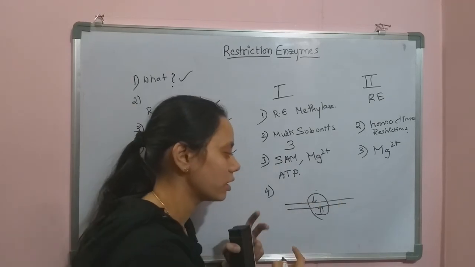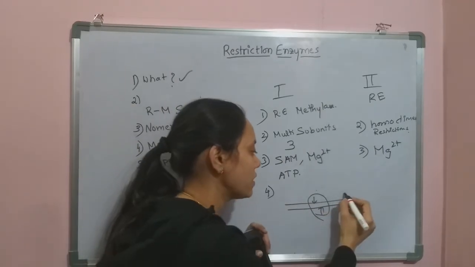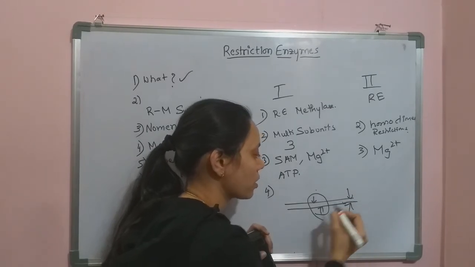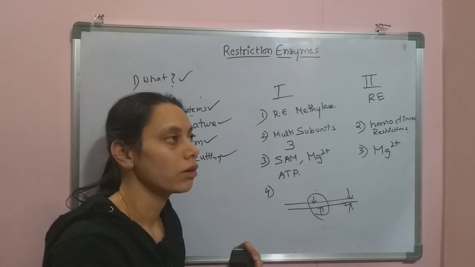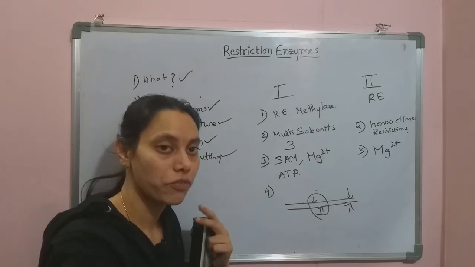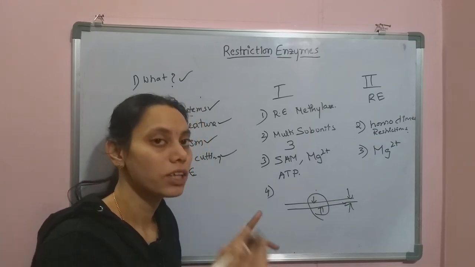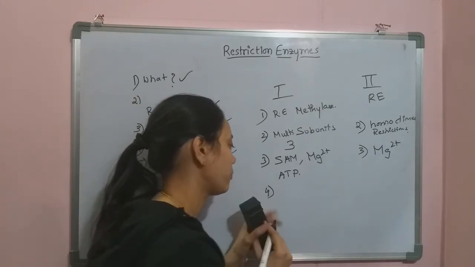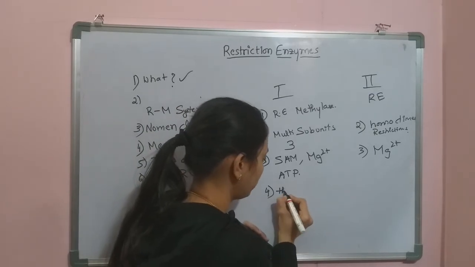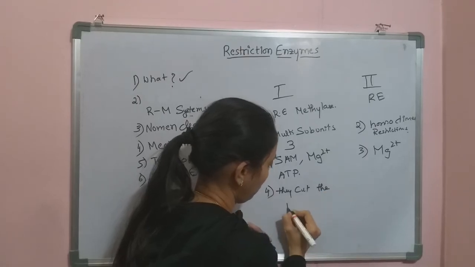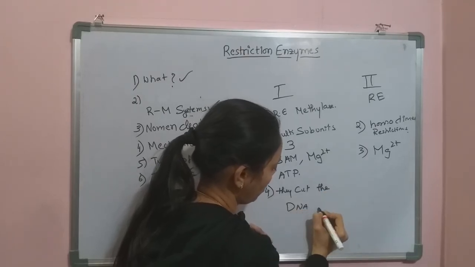They cut the DNA far away from the recognition site, some thousands of base pairs away from it.